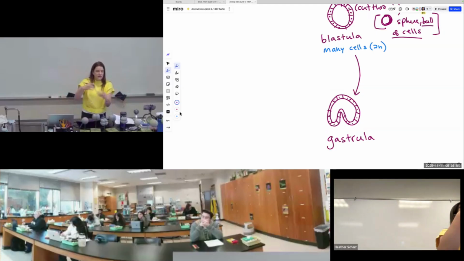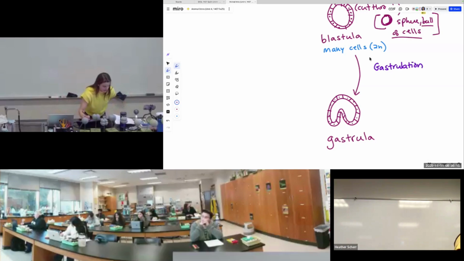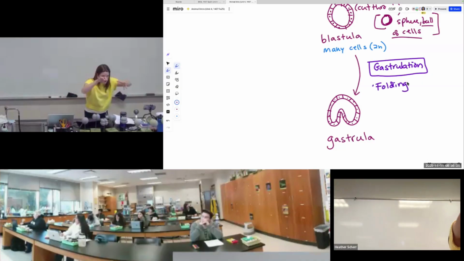It could be a lot of different things depending on the organism or the type of animal, but basically that's what's starting to form here, this tube. So this process is gastrulation, the formation of the gut. And that happens by folding of the tissues, the whole ball. You're rearranging cells.